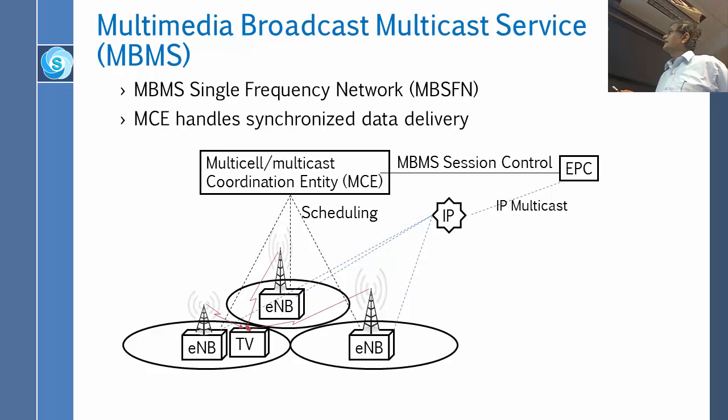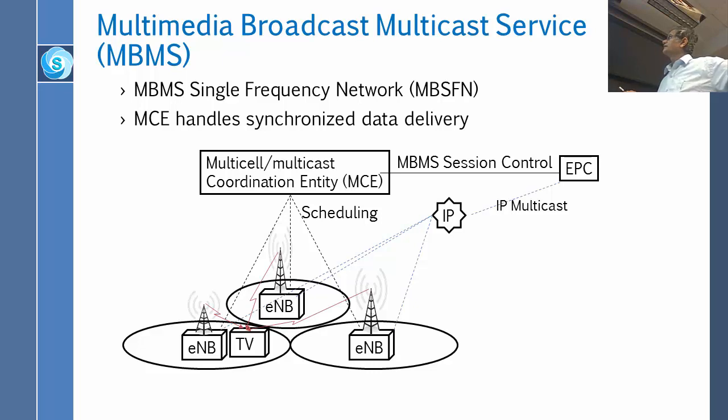And MCE tells each of these cells that this particular video frame has to be broadcast at this particular time, and they will all broadcast at exactly the same time. So regardless of which cell you are connected to, you will get the same TV.